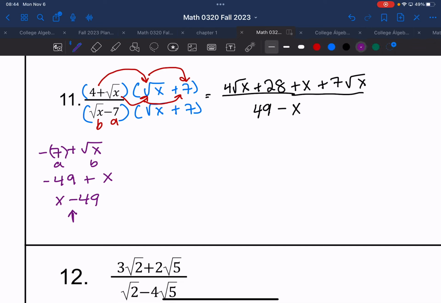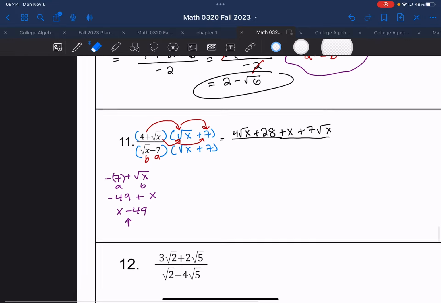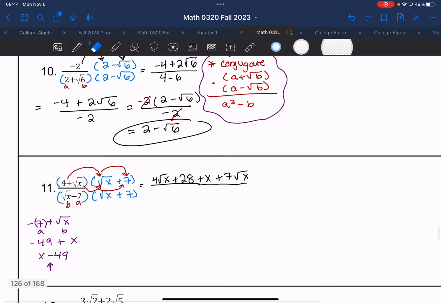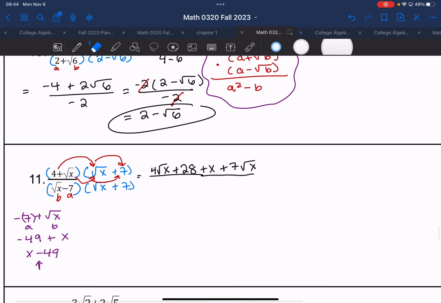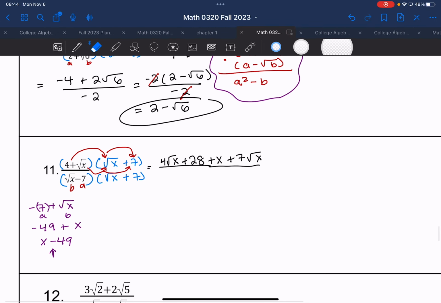If this seems a little confusing, what I would do every time to get the correct answer is just FOIL them out. If you don't want to follow this formula, don't. Just FOIL these, and you'll get the same thing. And I'm going to do that for the rest of the problems where I just FOIL.